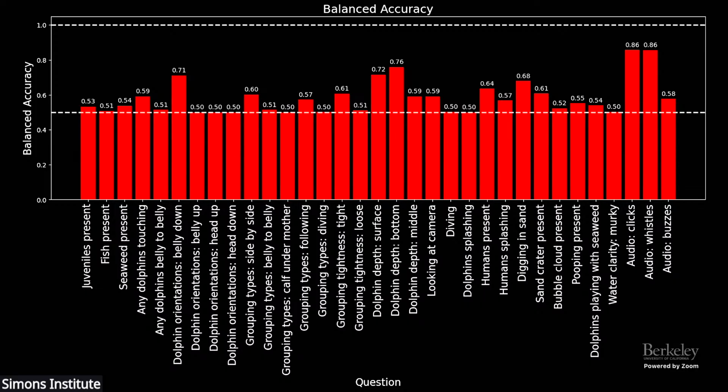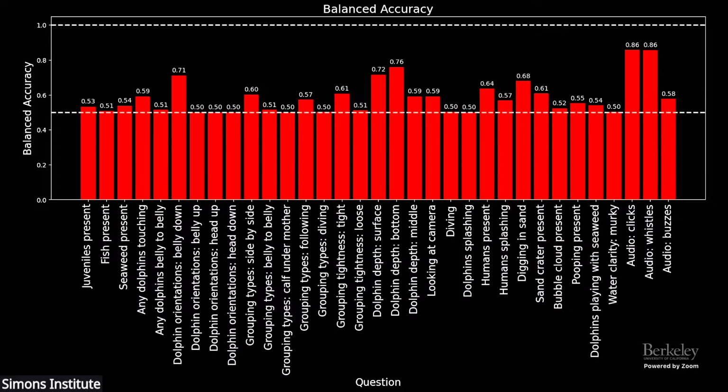And if you do the smart thing, which is predict just the baseline, the majority class, you'll get 50% on this test, right? So 50% is nothing smarter than a simple baseline, but everything above 50% is actually something statistically useful that it's using to predict these kinds of annotations from the frame.